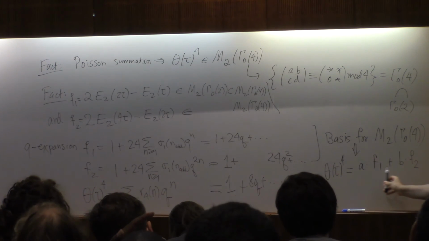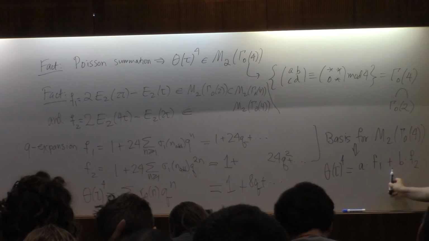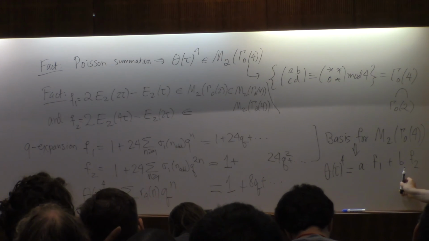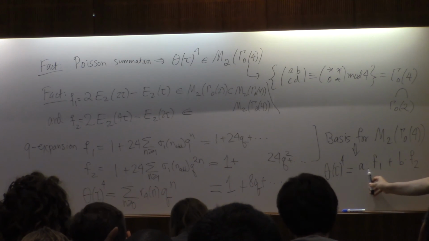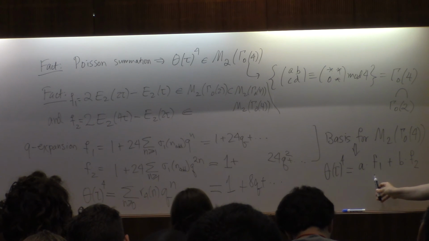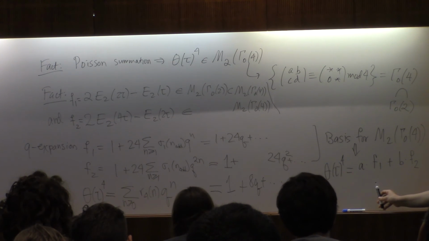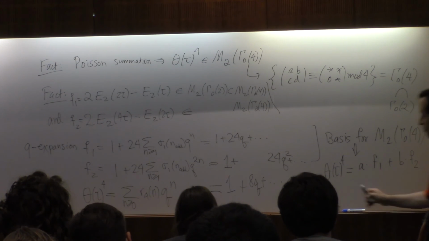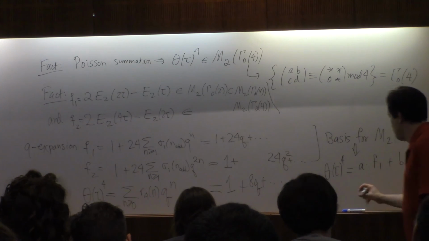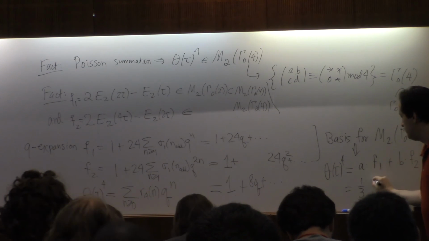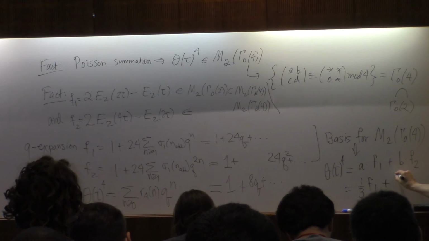You need a plus b to be 1, and you need 24a to be 8. So what's a? 1/3. So a is 1/3. And I already said that they add up to 1, so b is 2/3.